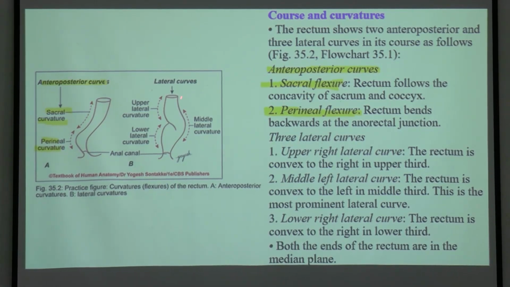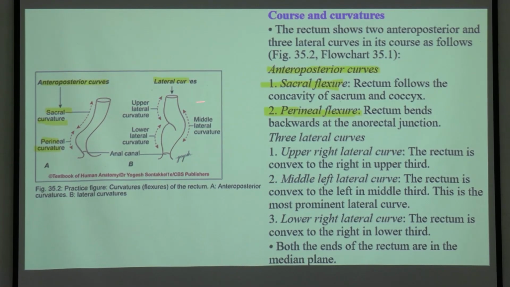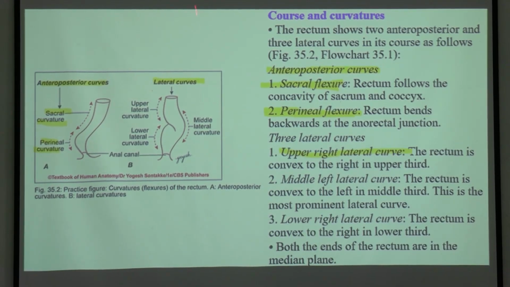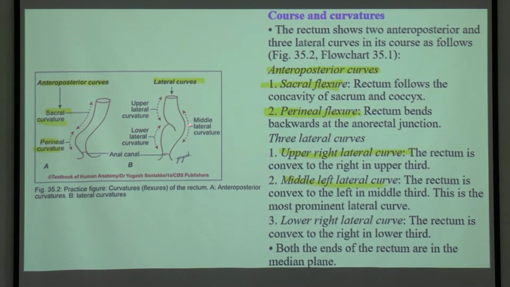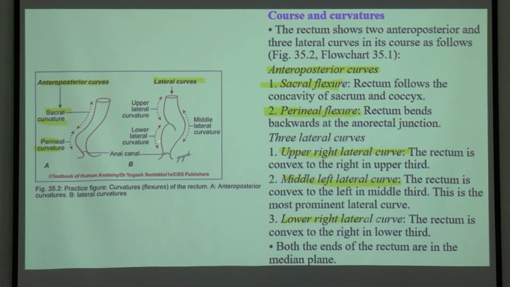And if we see it from the front, we can see some lateral curvatures. 1, 2, 3. One curvature on the right side, then one curvature on the left side, then again another curvature on the right side.